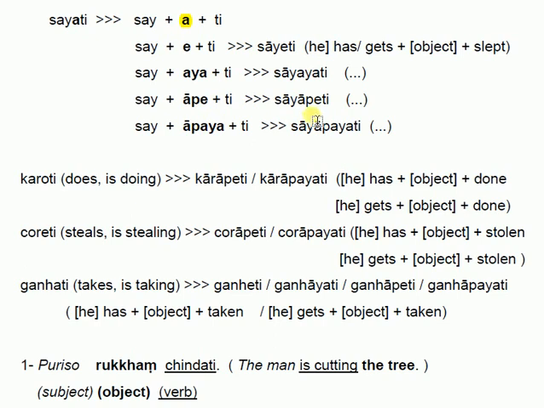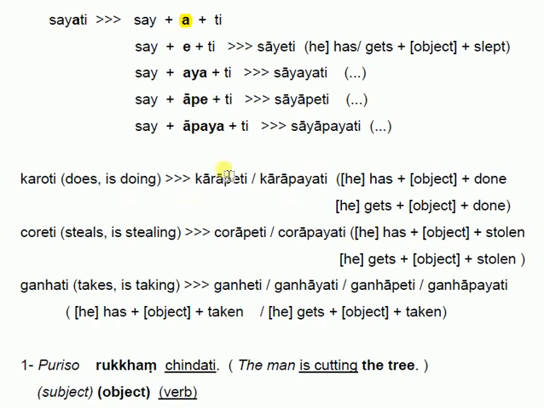The meaning is he or she, or they, has or have or gets, plus object plus slept, right?